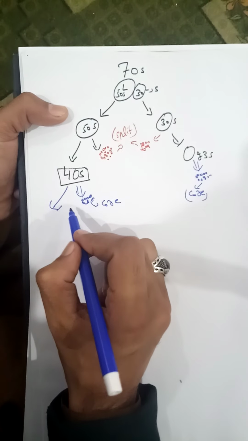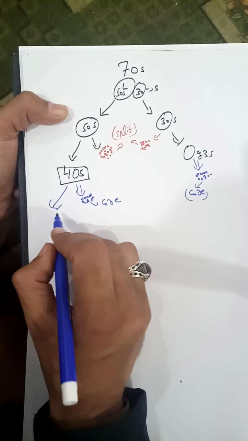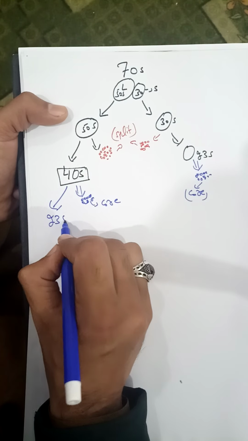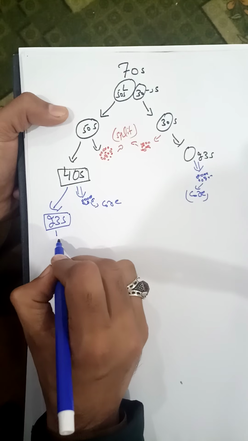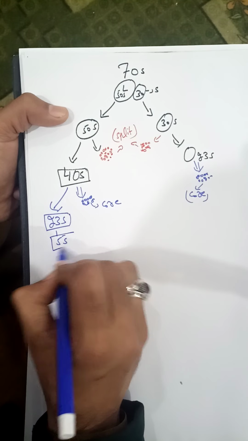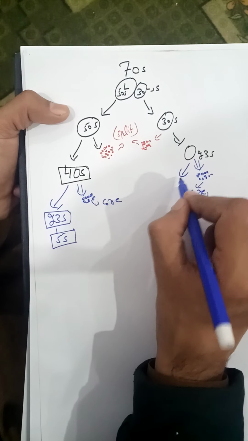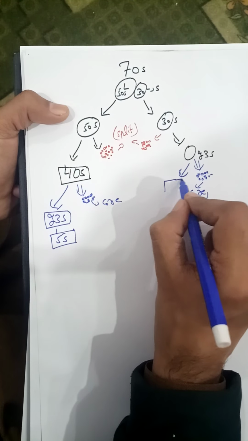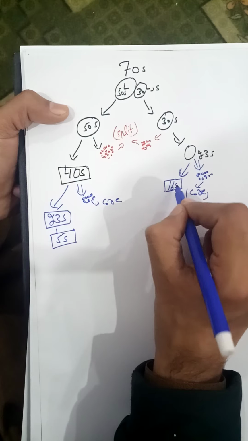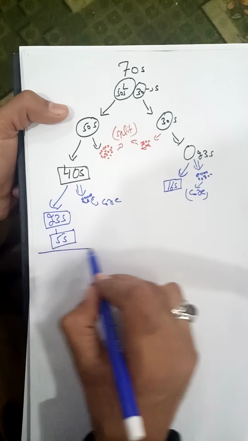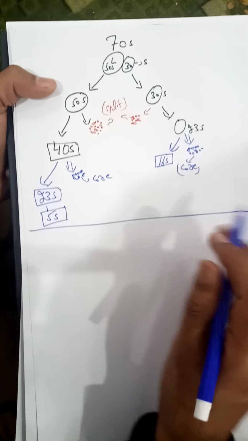And the 40S contains the core proteins and further it contains the two subunits, the 23S and the other is the 5S. And when the core proteins were separated from the 23S, the final is the 16S ribosomal RNA. So this is about the prokaryotic ribosomes.